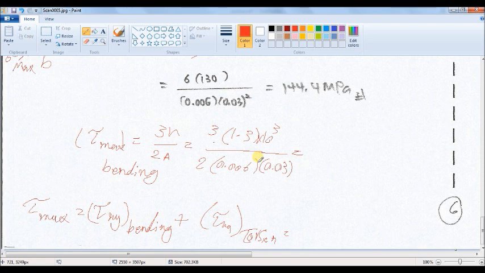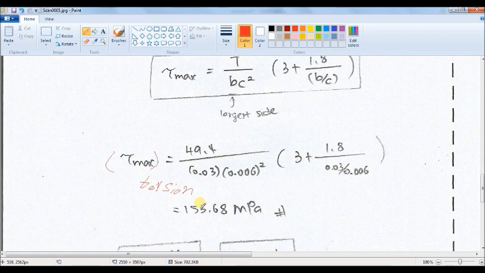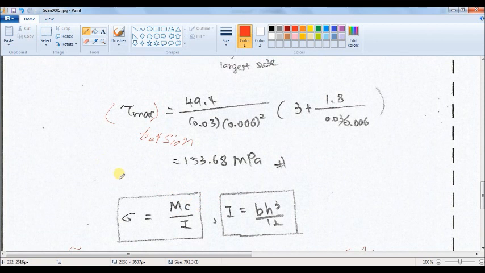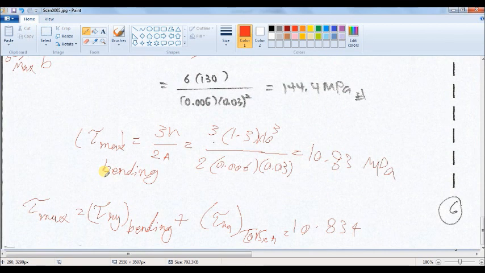Okay, so the result is 10.83 megapascal. Okay, 10.83 megapascal plus the shear stress due to the torsion, which is 153.68.